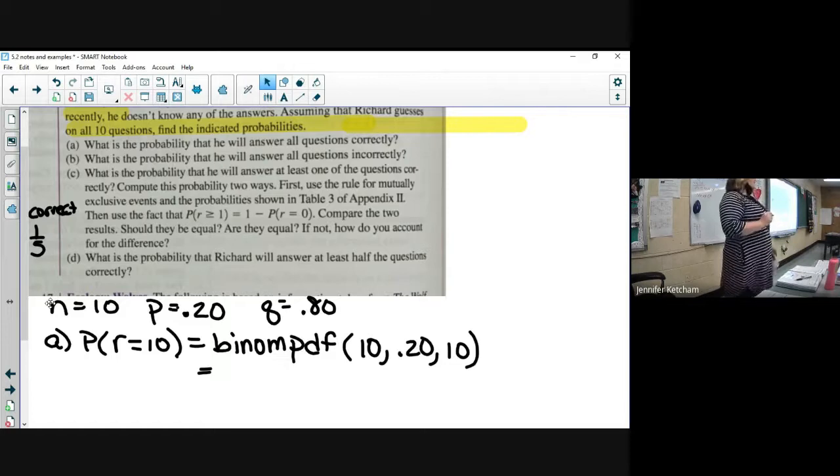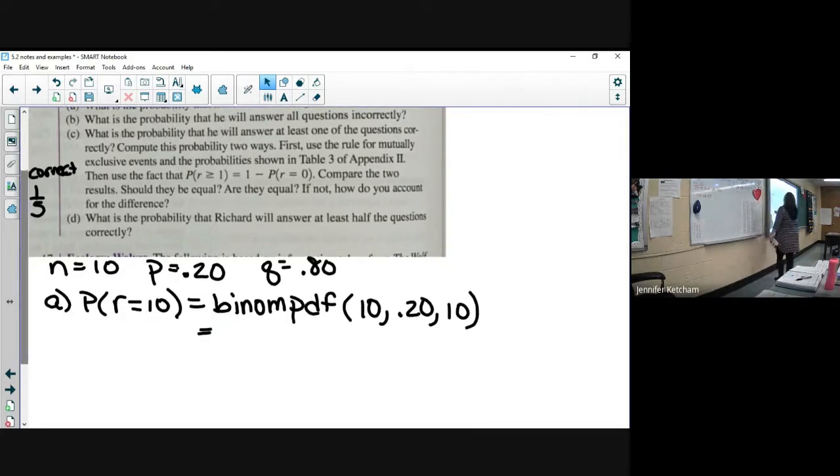That's what you should have put in the calculator if you did Binom PDF. You should get some crazy looking answers. We talked about those crazy looking answers. What do you got?